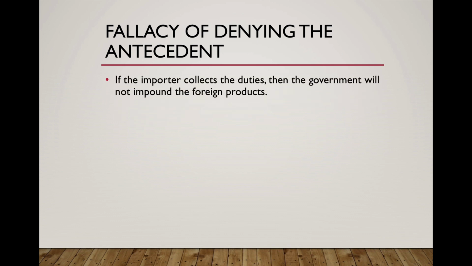Here's an example. If the importer collects the duties, then the government will not impound the foreign products. So there's the conditional statement, the if-then logical operator. The antecedent is the importer collects the duties. The consequent is the government will not impound the foreign products. The second premise says the importer has not collected the duties.